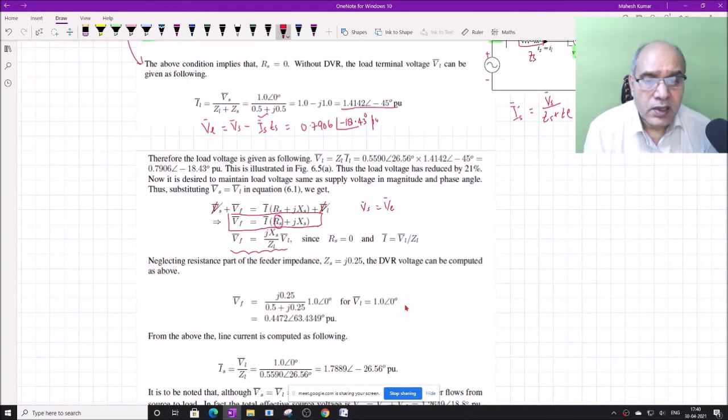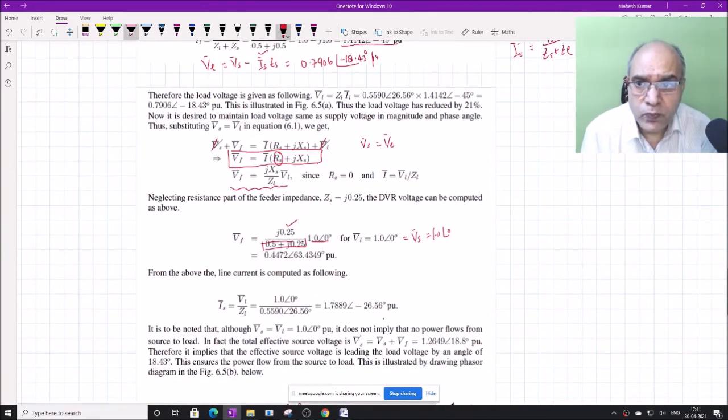And if we substitute the value of BL, which we want 1.0 per unit, same as BS, then BF becomes JXS into BL by ZL, this is the value of ZL. And the value of BF comes out to be 0.44 angle of 63.43.